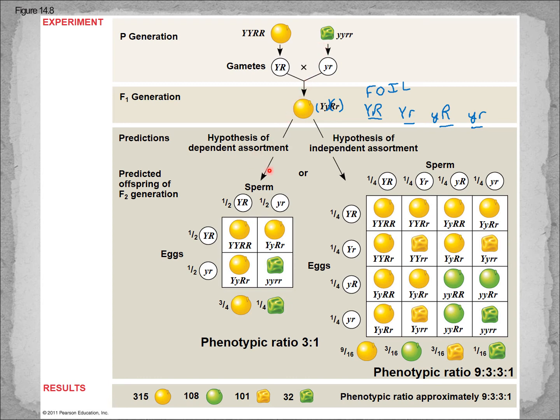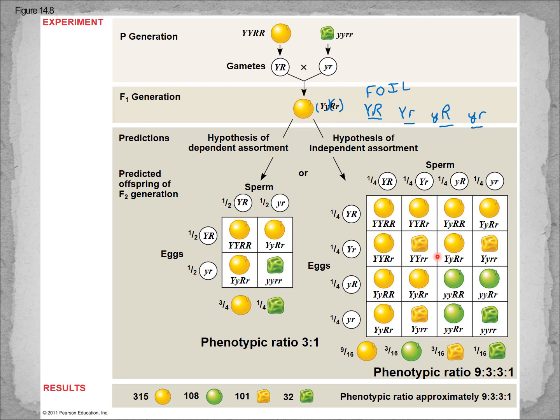If we're looking at two characters and they did not independently assort, you would get a ratio very similar to looking at one character. Does that make sense? They were basically transmitted together during meiosis, so you would get something like a 3-to-1 ratio.